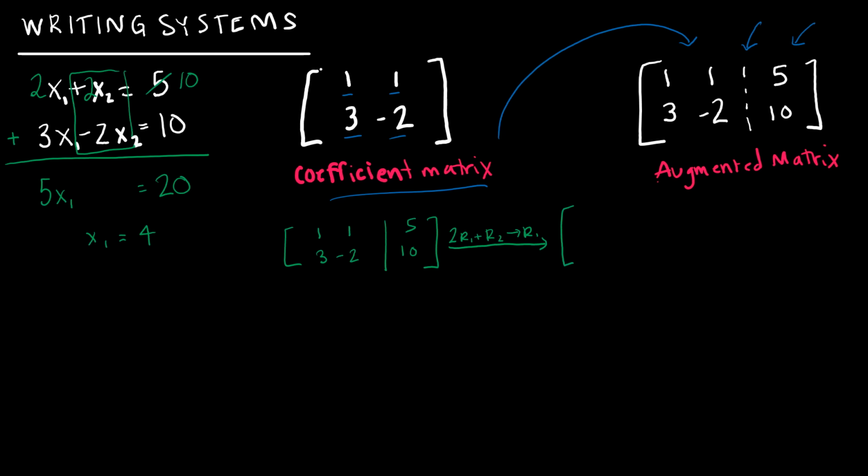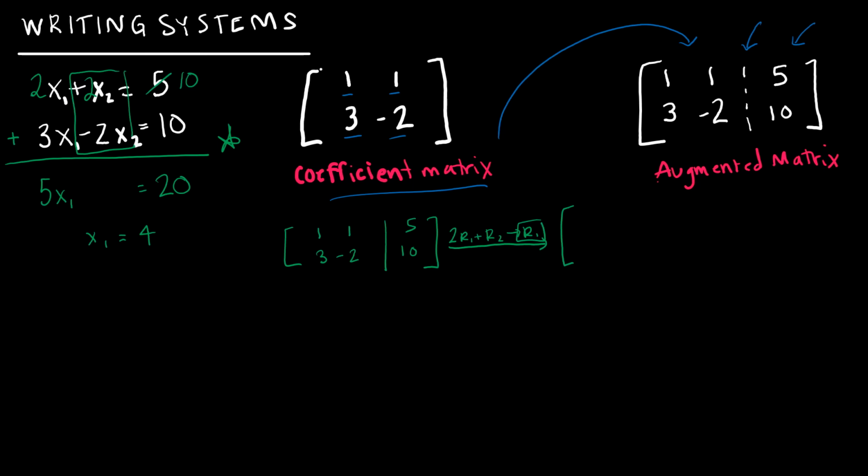But essentially what I'm doing is I'm doing exactly what I did over here, but I'm doing this in a matrix. So I'm taking 2 times this row, I'm adding it to the second row, and then I'm going to put that in row 1. So what is that going to look like?